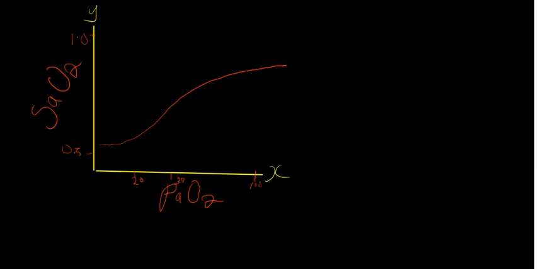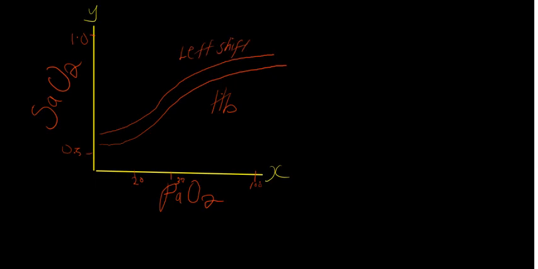So when you shift this curve to the left like this, let's say this is normal hemoglobin, when you shift the curve to the left, let's try to shift it. So you are going to see that this is a left shift.